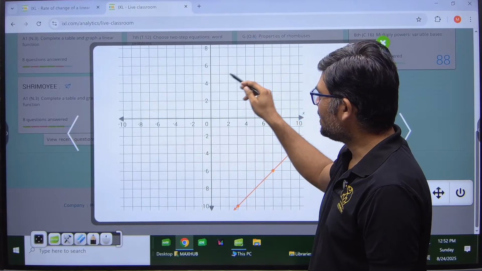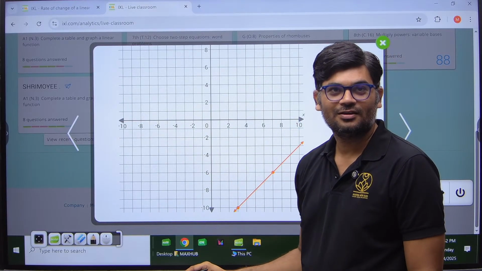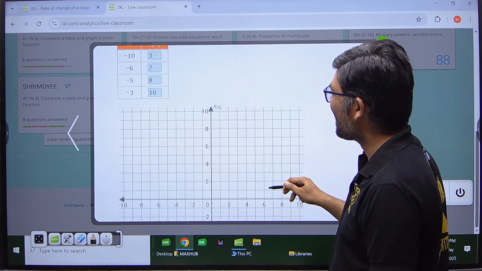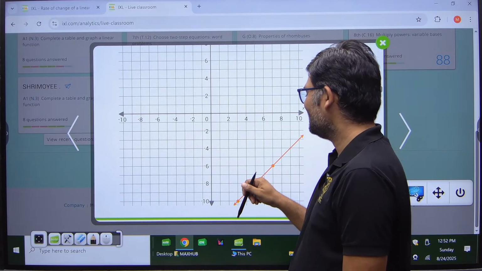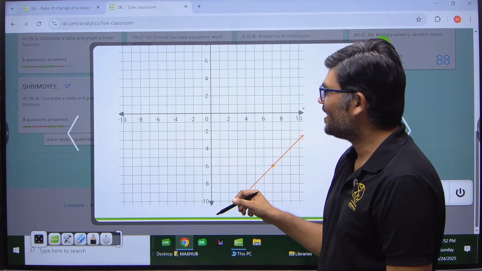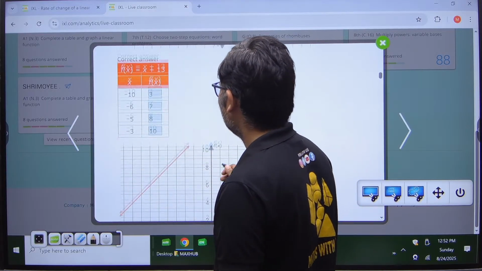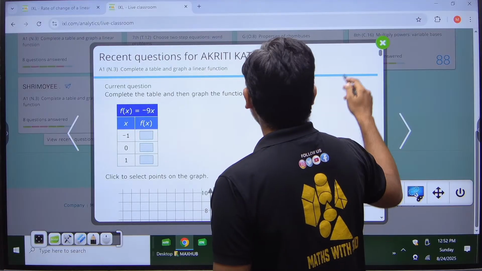So minus 10 has to be here. I mixed up the x-axis and y-axis. That's all. Okay, okay. You made 3 comma minus 10. Whoops. Correct in spirit, sir. Correct in spirit. Okay, no issue.